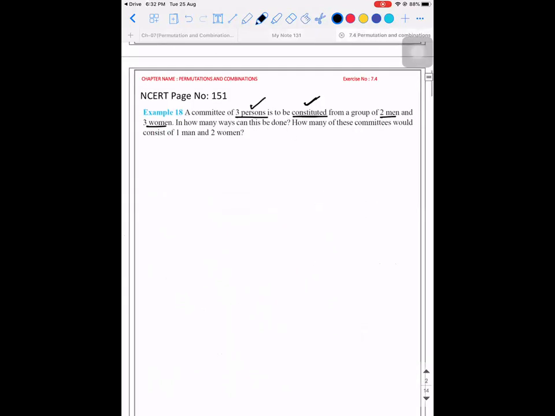So a committee of 3 persons is to be constituted from a group of 2 men and 5 women. So how many people do you have in your hand? 7 people. Sir, it is 2 men and 3 women. 2 plus 3, 5. You have 5 persons.